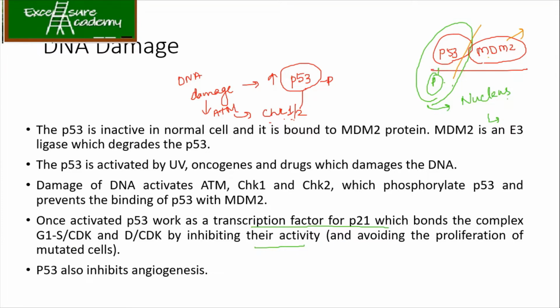All those apoptosis, cell cycle arrest, all those signals, or the gene expression, will take place. Clear? Now, P53 also inhibits angiogenesis. This is with respect to your tumor. In a tumor also DNA damage is there, so activation of P53 is there, and it should stop angiogenesis so that it doesn't spread.